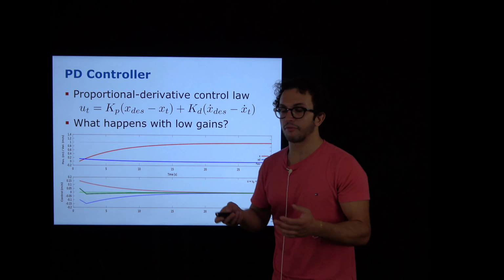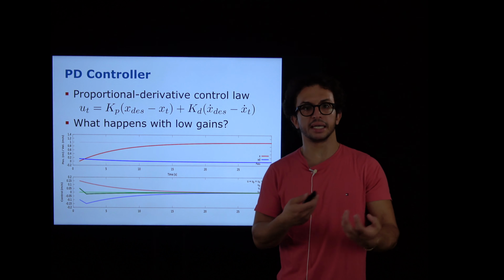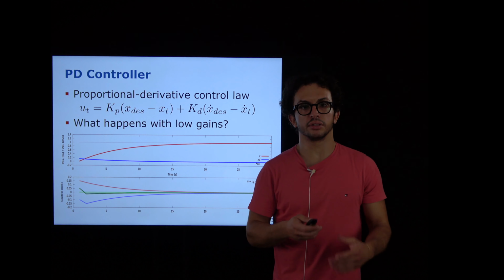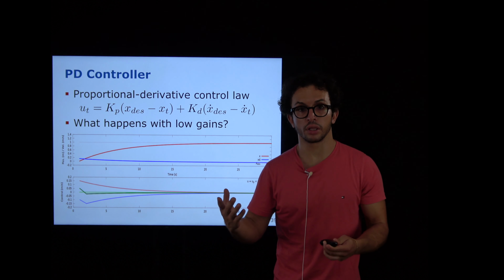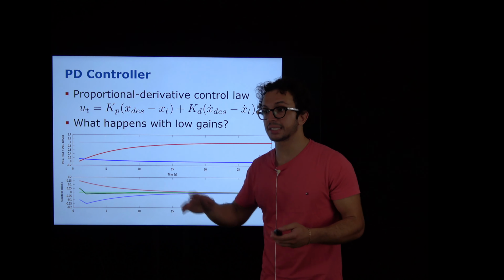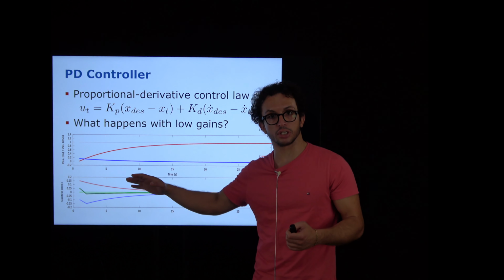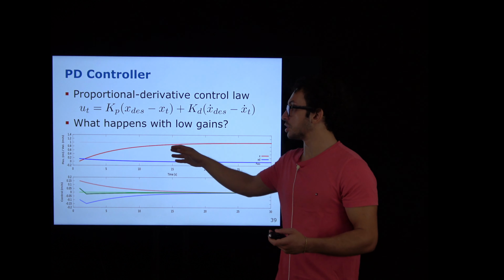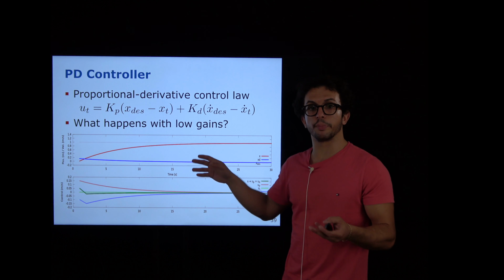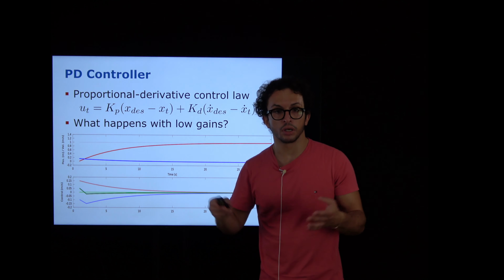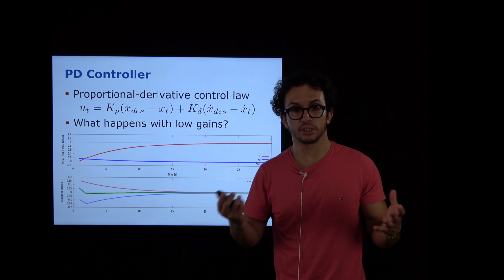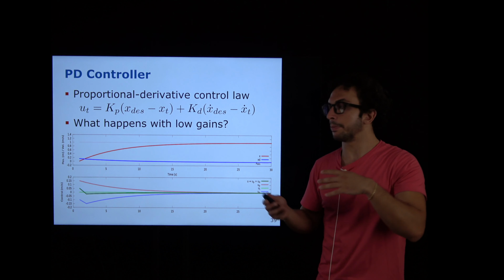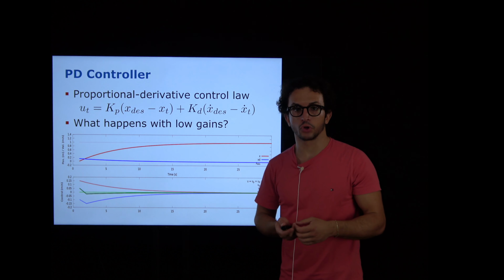So you always have to play with the gains a bit in order to get the desired performance, because depending on what kind of system you're working with, you might want it to be as fast as possible, even if there are some oscillations, or slow but safe. This depends if you're working on a power plant, or if you're working on balancing something, or this really depends on whatever the application of the controller is.